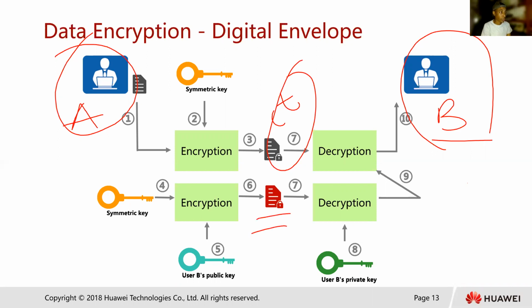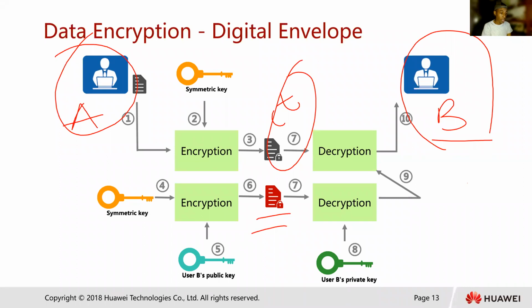What is that? Yes, Brian. It's the digital envelope itself. And it has been generated after you encrypt the symmetric key using the receiver's public key. So the digital envelope is the one that is now transmitted also to the user.